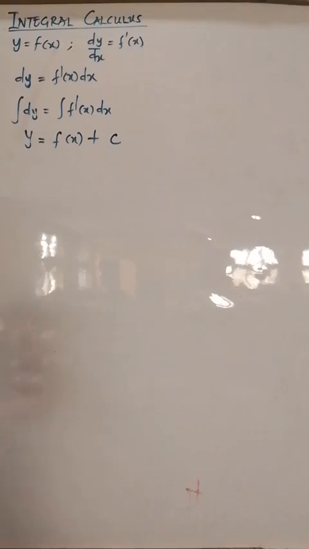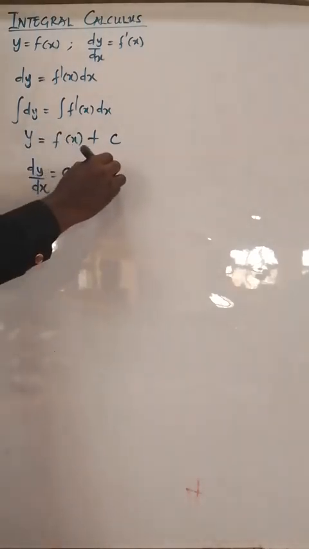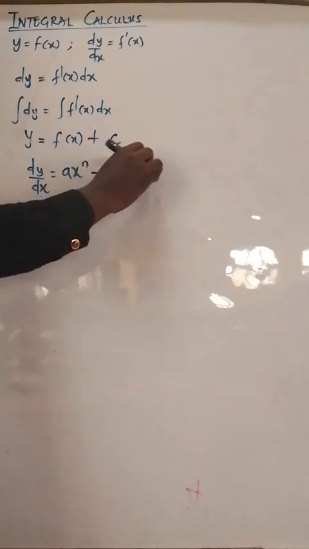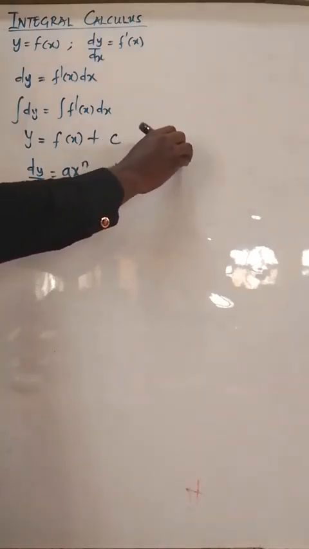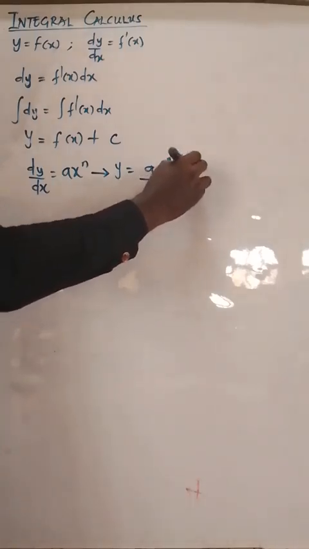And we've already dealt with everything under integration of polynomial, excluding whenever we have multiplication or function of a function involved. But for a general polynomial, if dy/dx equals ax raised to power n, then our y equals a into x raised to power n plus 1 divided by n plus 1, plus c.